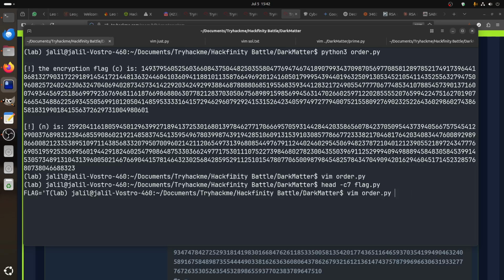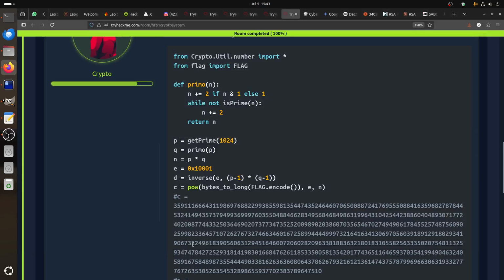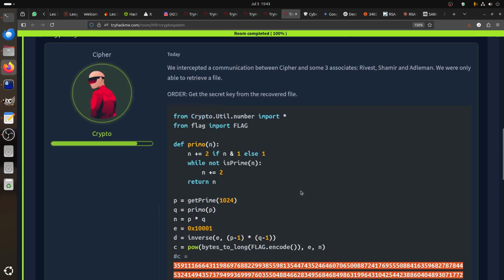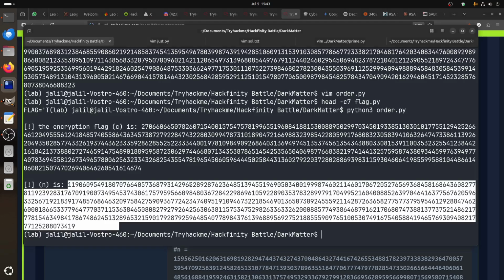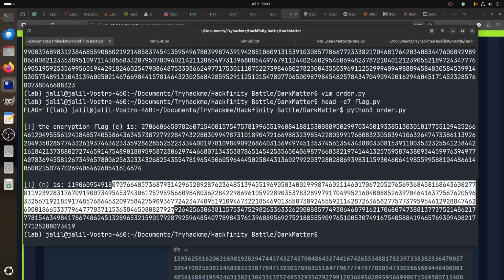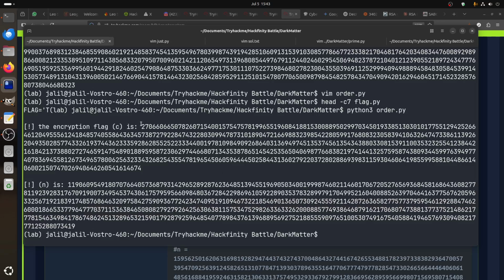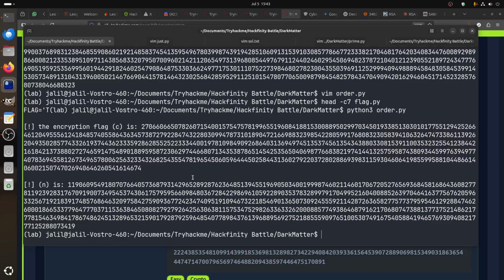That's why my script works, and you can see it's the same as TryHackMe. It gives you the encryption. If you know the flag, you can run it. You can remember they are different every time you run it, because that's how cryptography works. It's the same flag but the ciphertext is different. You can see this value is not the same as this, but that's fine. It's not an issue. When you decrypt it, you get the same thing.